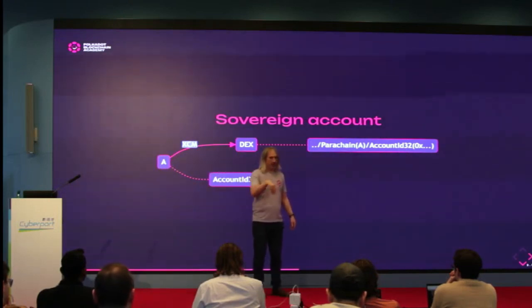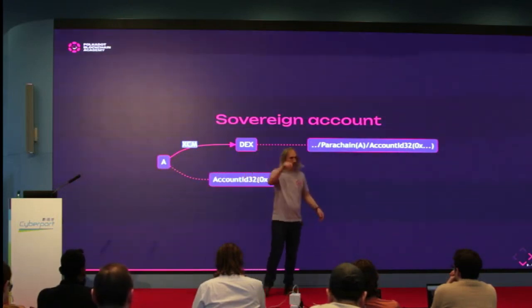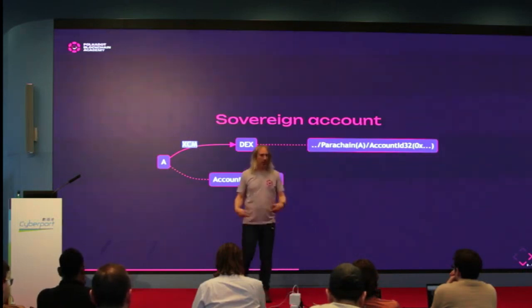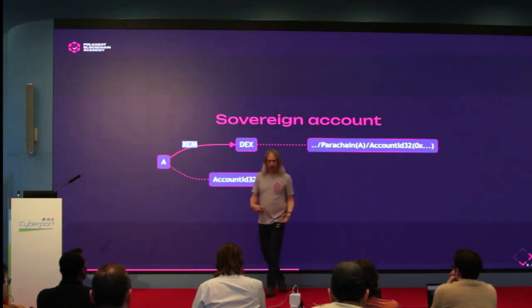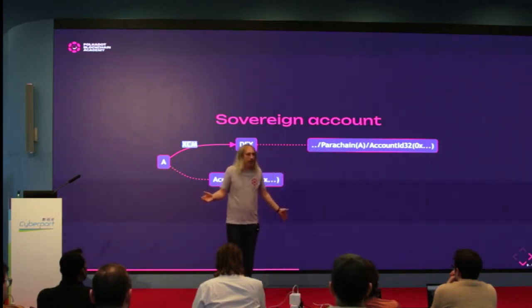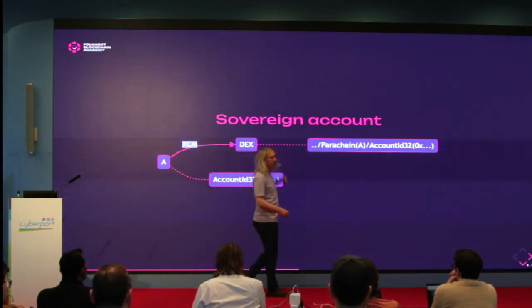They wipe out the bit that does any exchanging, and they just do a withdrawal. And because they're operating with the parachain A origin, their withdraw would be able to withdraw basically any other users of parachain A's funds on the DEX chain.